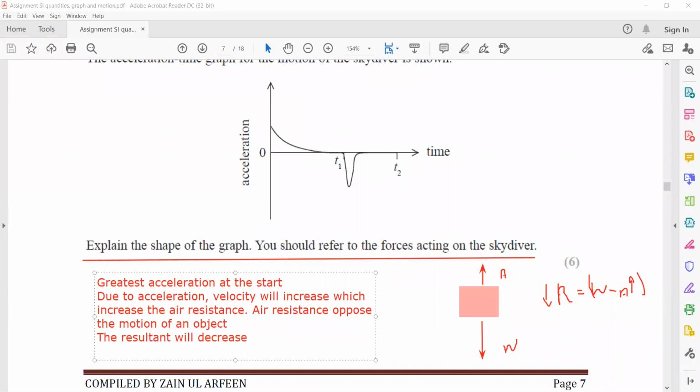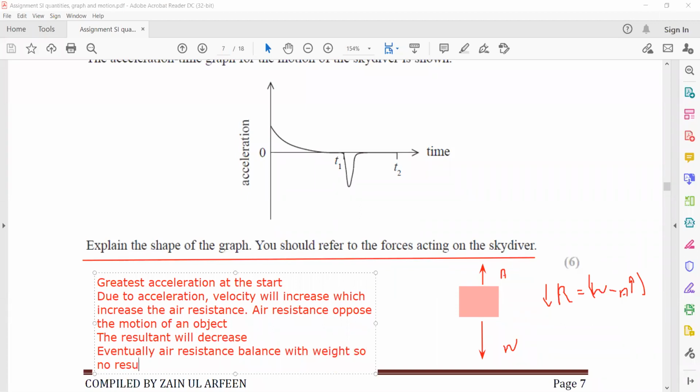And what happened eventually? Air resistance balanced with the weight, so there is no resultant force or acceleration.